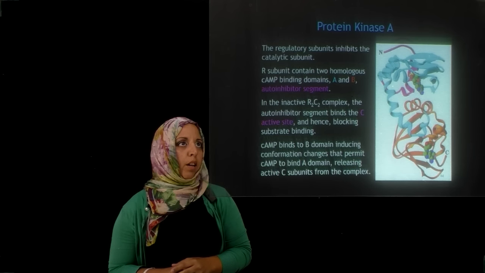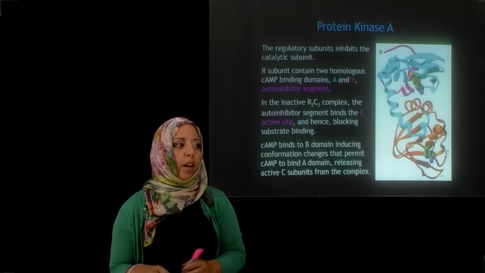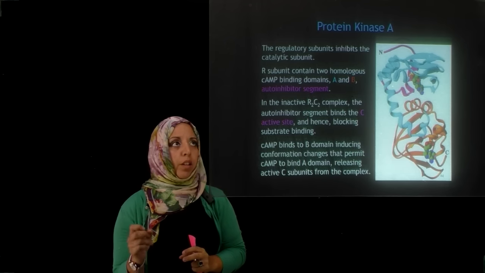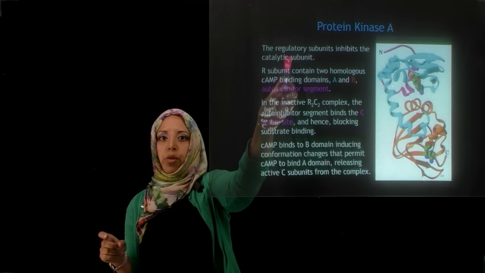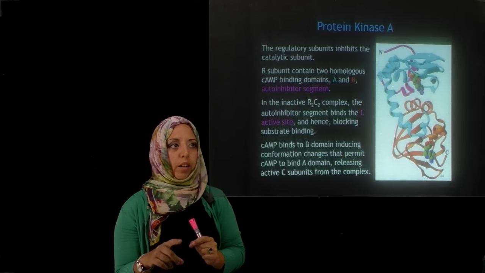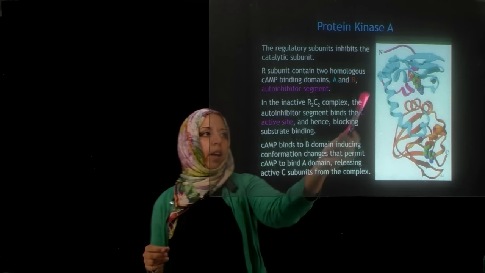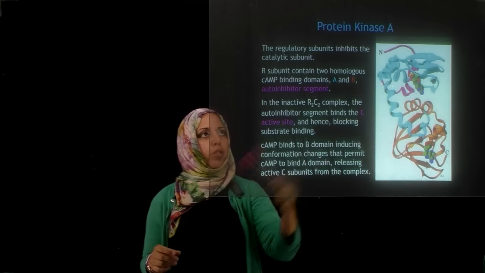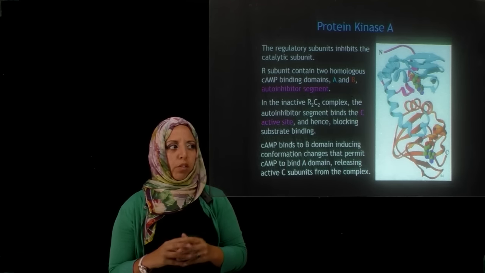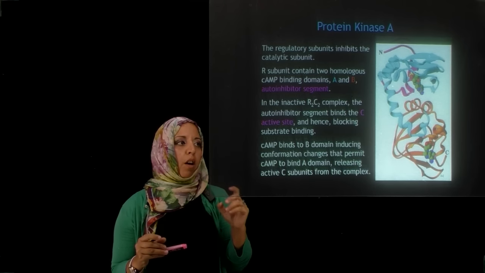And shown here is the regulatory subunit of protein kinase A, and it has 2 different domains. Now, cyclic AMP specifically binds, we said, to the regulatory subunits, and there are 2 cyclic AMPs that bind per regulatory subunit. So the N-terminal domain is shown in cyan. The C-terminal domain of that regulatory subunit is shown in gold, orange, and there is a cyclic AMP binding site on either domain.